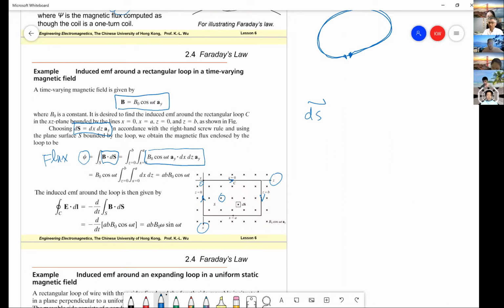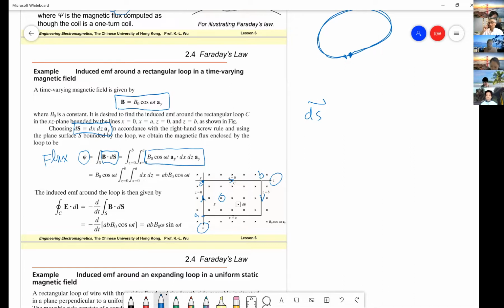Then we do the surface integration over dx and dz, and along the x-axis we go from 0 to a, and then in the z-axis from 0 to b, right?